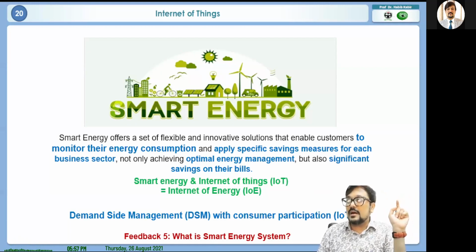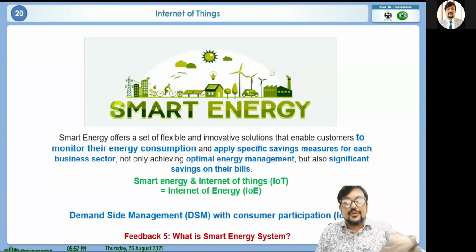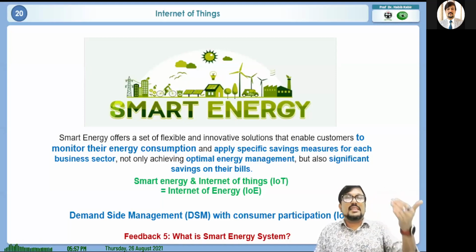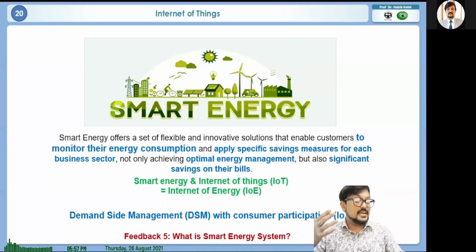Can you get some glimpse of it? Please keep the question inside your brain. Even if you continue, next semester we will discuss more, including some wireless things, and that time it will be easier for you to think, because smart energy also has wireless things. Do you have any question?